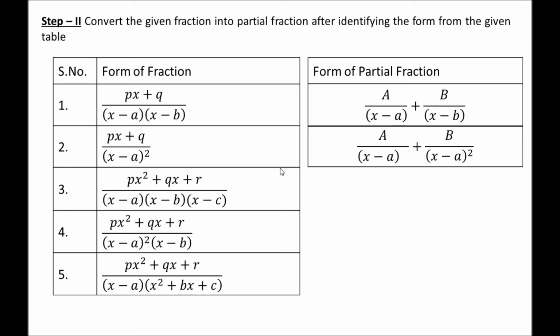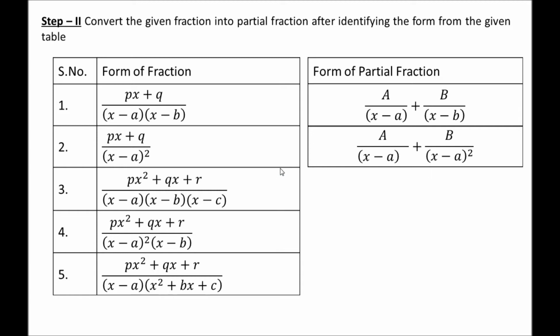Now the question is, why do we have to write x minus a square? Why can't we do with x minus a? To answer this question, what if we take the LCM of these partial fractions? Suppose we take a upon x minus a plus b upon x minus a and we do not take the square in the second fraction. We add these two partial fractions and take the LCM.